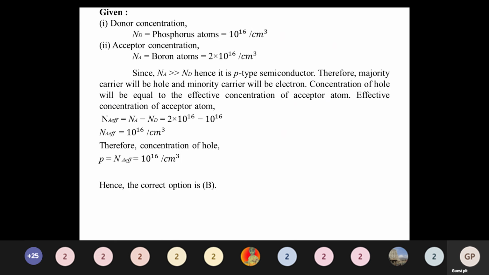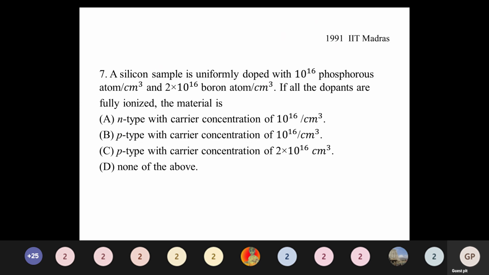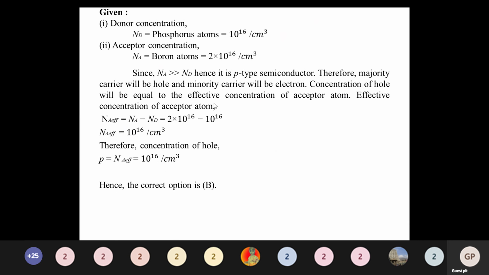So the answer is the second option, 10 to the power 16. We conclude the material is p-type, and the corresponding effective hole concentration is 10 to the power 16. This formula you should know. This is one of the important questions.